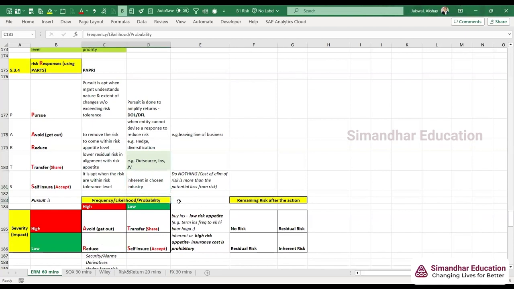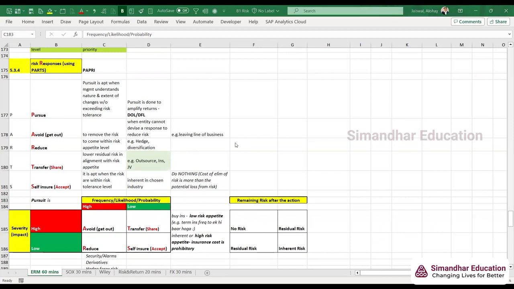So let's say, the first example was of flood, which is commonly occurring. But in a normal scenario, a normal place, let's say a city like Hyderabad or Bangalore, what is the probability of a flood? Frequency of a flood, high or low? Correct? So normally the frequency is low.